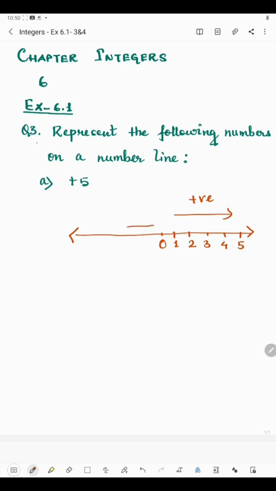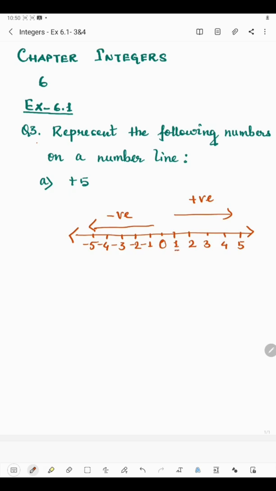And the left side of 0 is all negative integers, so -1, -2, -3, -4, -5 and so on. So all positive numbers will be placed on the right side of 0 and negative numbers will be placed on the left side of 0.